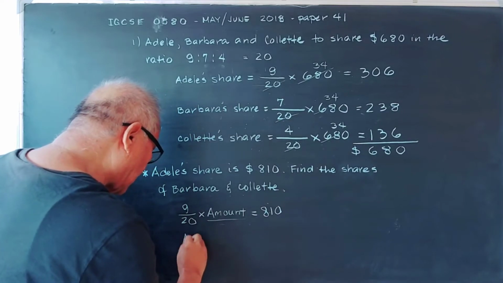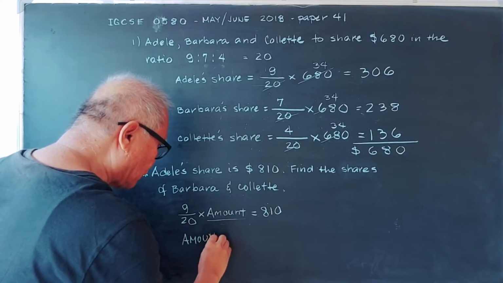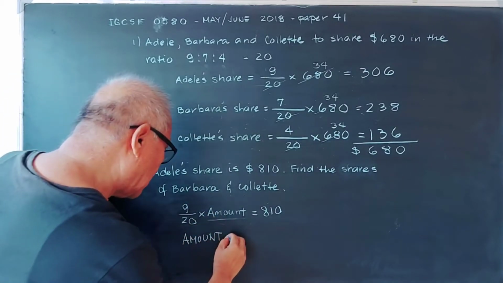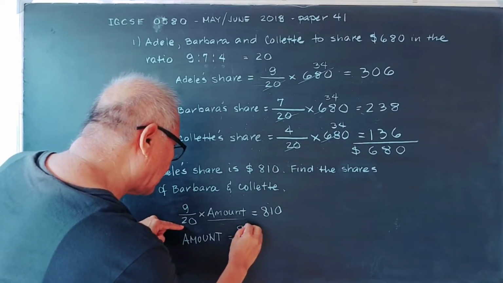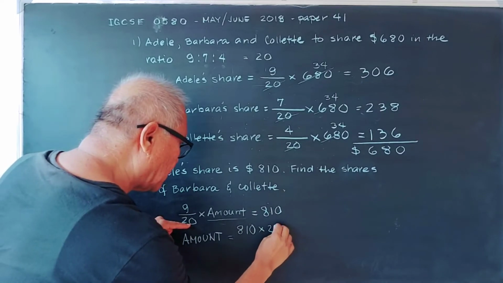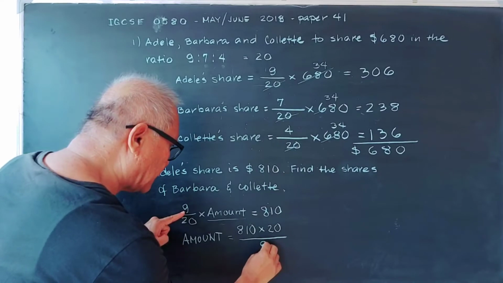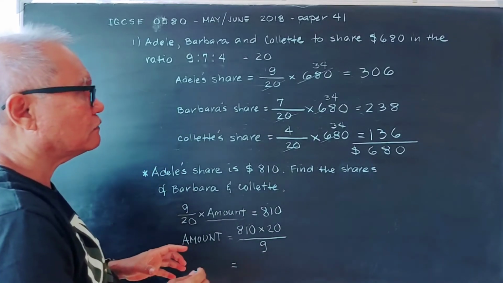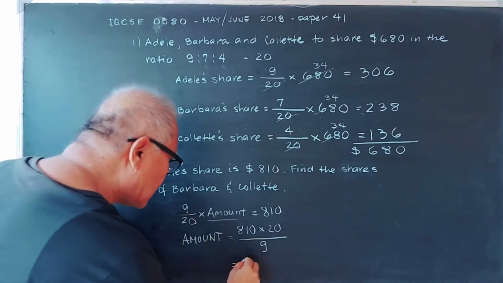We need to find the total amount first before we can solve for the share of Barbara and Colette. So the total amount is 810 times 20, the sum of the ratio, over 9, which is $1,800.